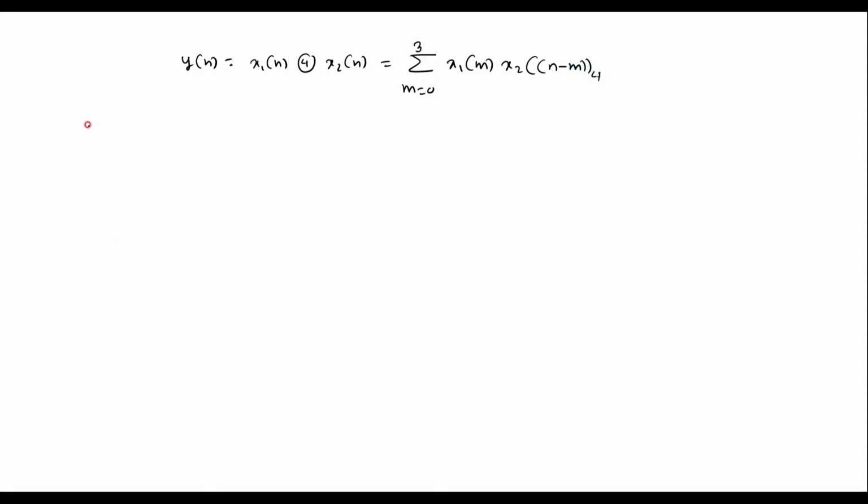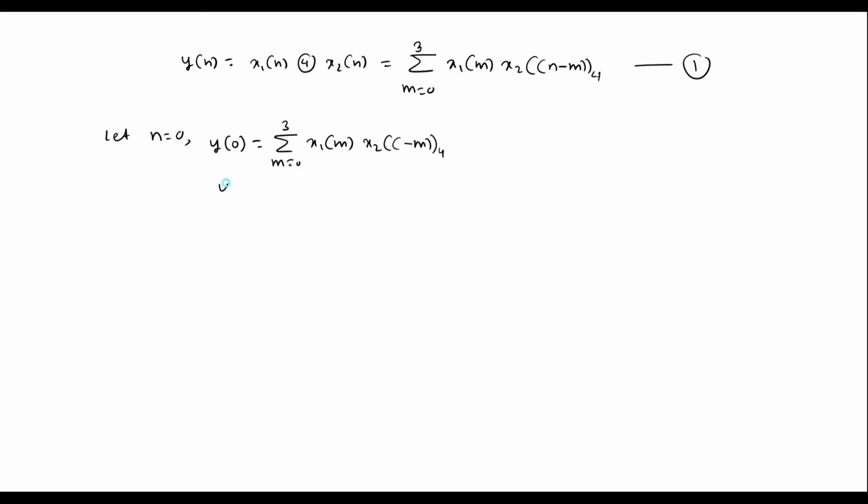So now we'll consider n equal to 0, we'll call it equation 1. Now substitute n equal to 0 in equation 1. I can write y of 0 is equal to summation m equal to 0 to 3, x1 of m, x2 of, here n is 0, that is 0 minus m, that is minus m modulo 4.